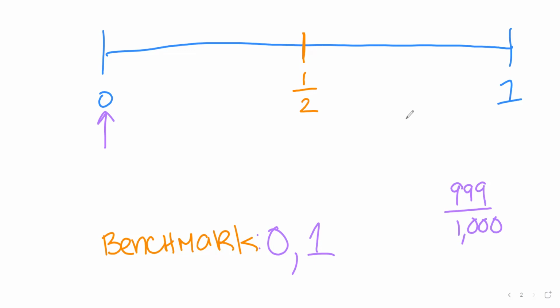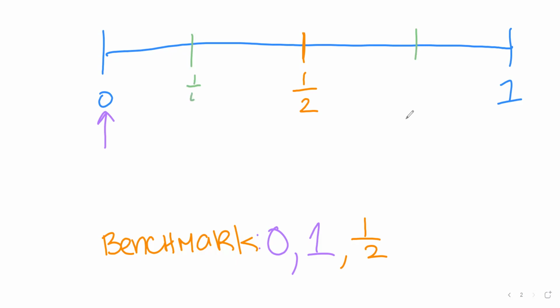We also have this benchmark of 1/2 that we've talked about. But we also want to talk about other places that fractions can get split up, if you're ready to take this on. I think this is a deeper level of understanding, which I'm into. If we take 1/2 of our halves, that creates fourths.